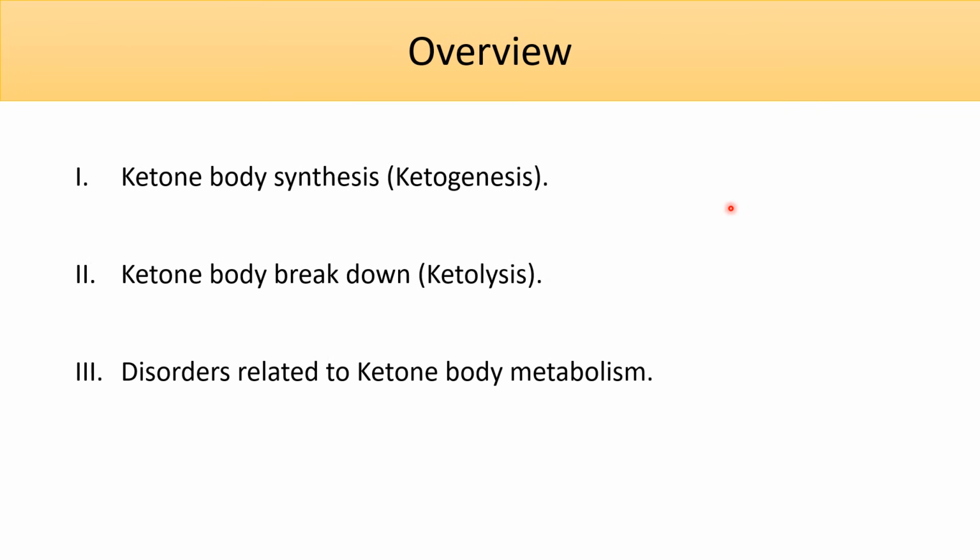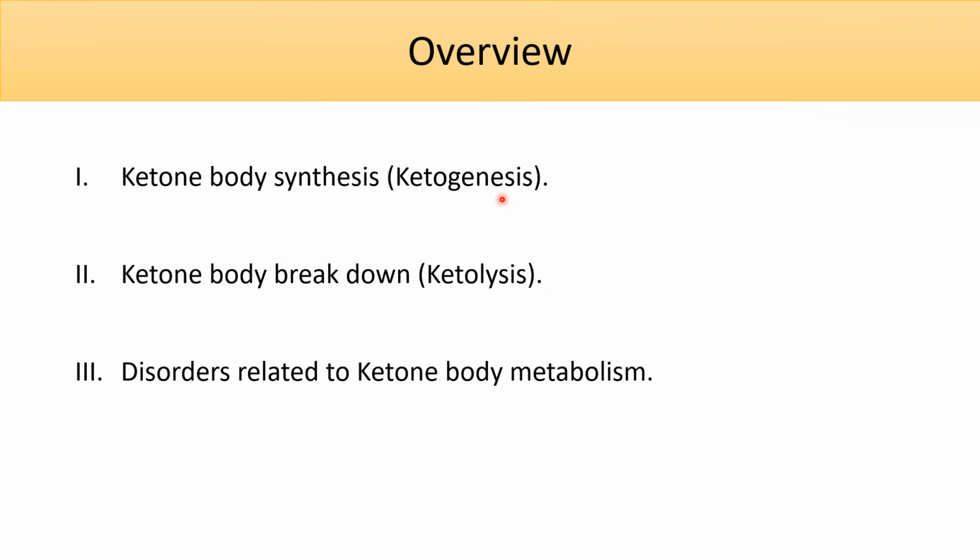Once acetoacetate is formed, it will undergo spontaneous decarboxylation to form acetone, which is an irreversible step. Or this acetoacetate will undergo hydrogenation to form beta hydroxybutyrate by an enzyme called beta hydroxybutyrate dehydrogenase. This is a reversible step. Okay, why is it important?